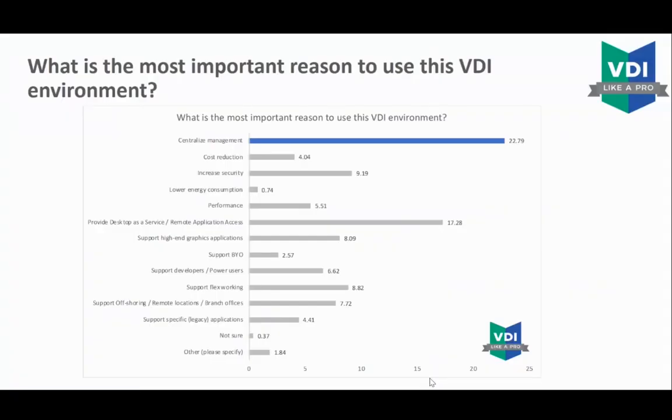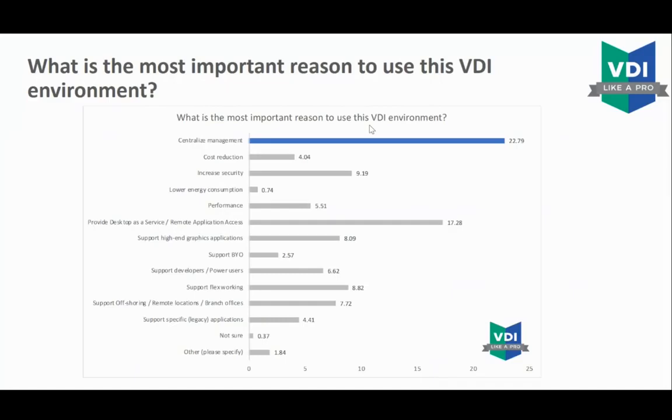This is just a few statistics that we have on what is important. When customers go for VDI, close to 23% of customers go for it because of centralized management. Then around 4% of customers are keen on cost reduction, and for remote application access we have around 17%.